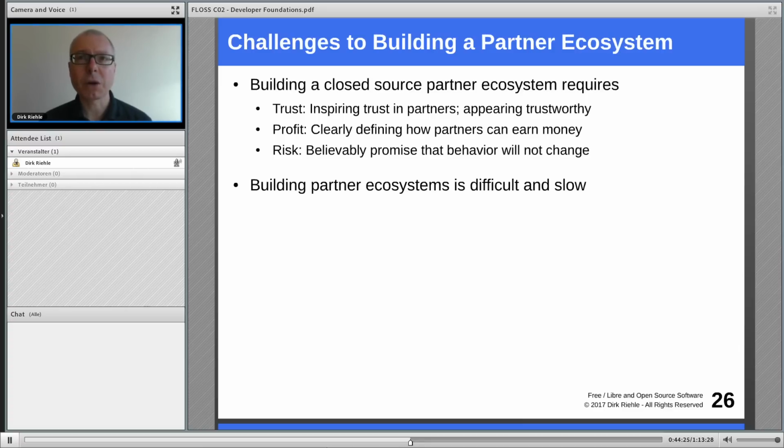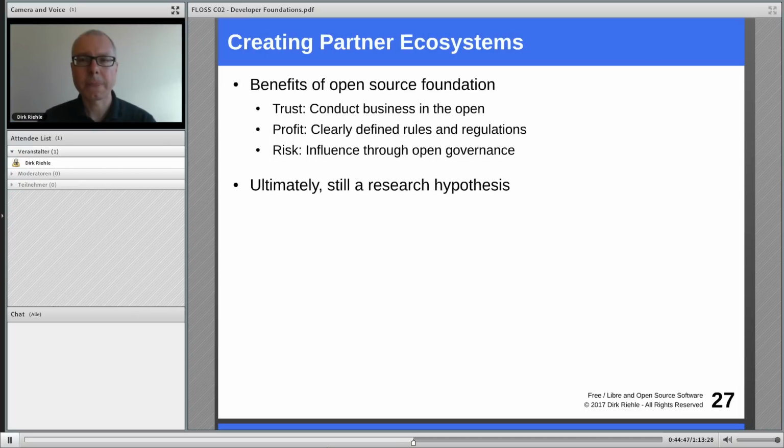So all of these things somehow need to be communicated to partners so that they make the investment of learning about the software, starting to build up a sales force for it, etc., etc. Often the vendor has to financially support that, so it comes at a serious cost to the vendor.